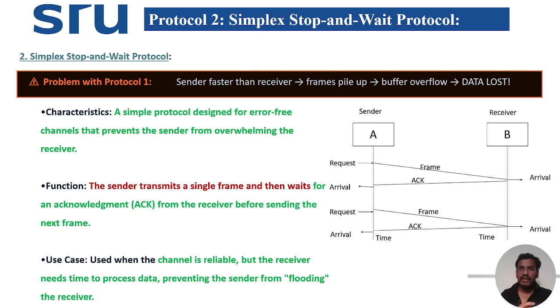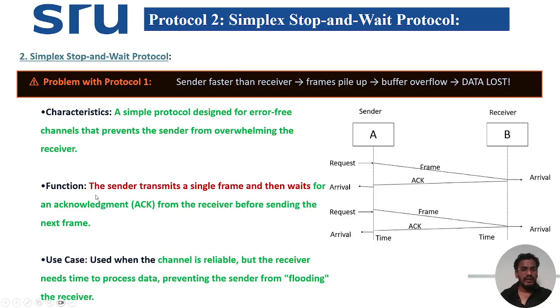As we know, in protocol one, without any feedback or acknowledgement, data flows continuously from sender to receiver. If the sender is faster than the receiver, frames will overflow the buffer or data losses may appear. To overcome these issues, we use this stop and wait protocol.